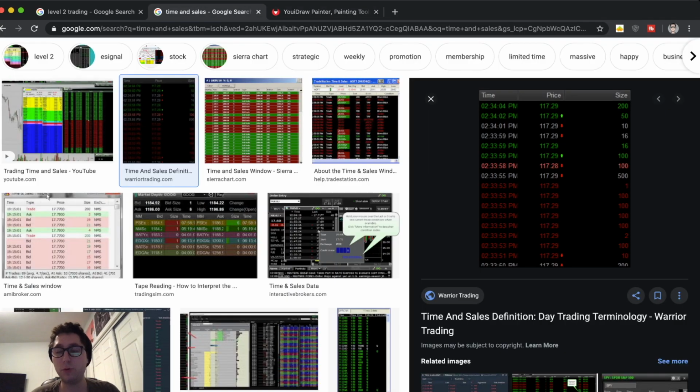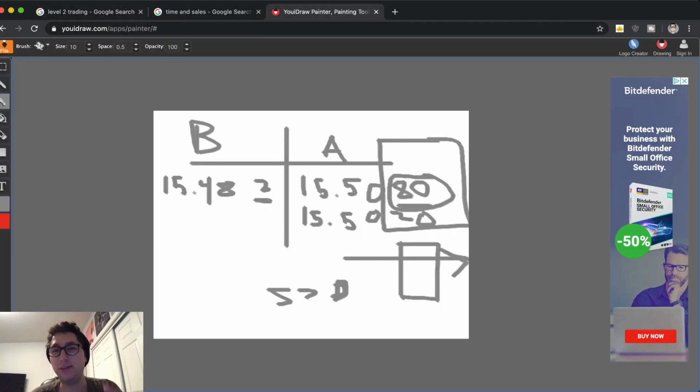The next thing you can look for is the speed at which the time and sales are shown and the transactions are printed. Going up to 15.50, with 15.48, 15.49, and a few at 15.50, it's kind of slow. But right once 15.50 breaks, or right before it, you'll see the time and sales start printing much faster.